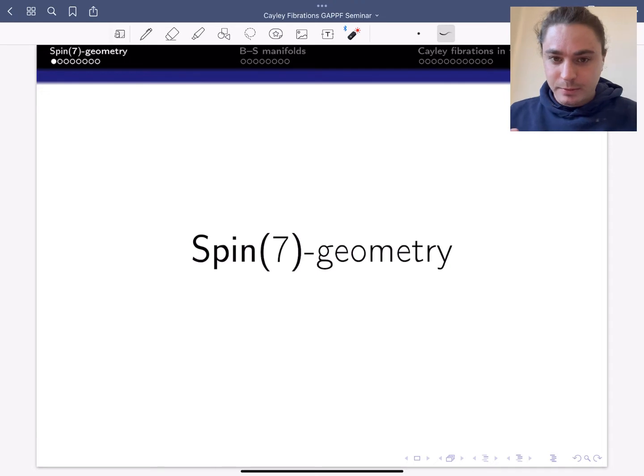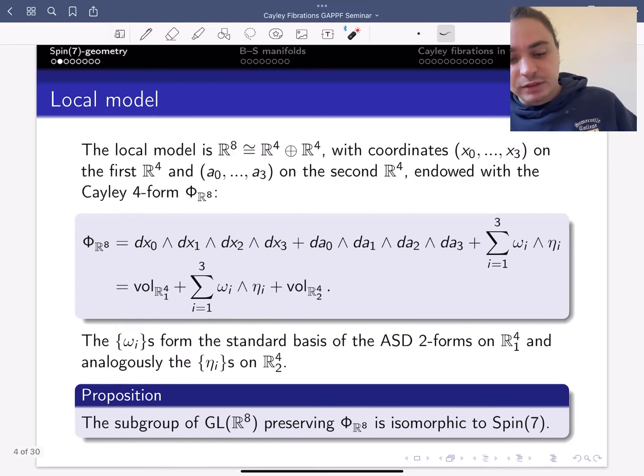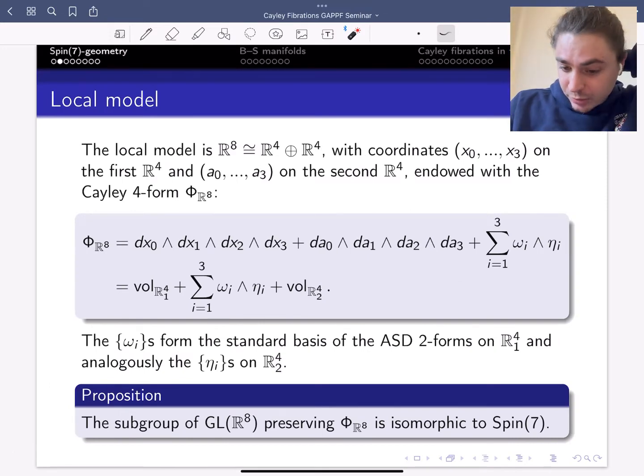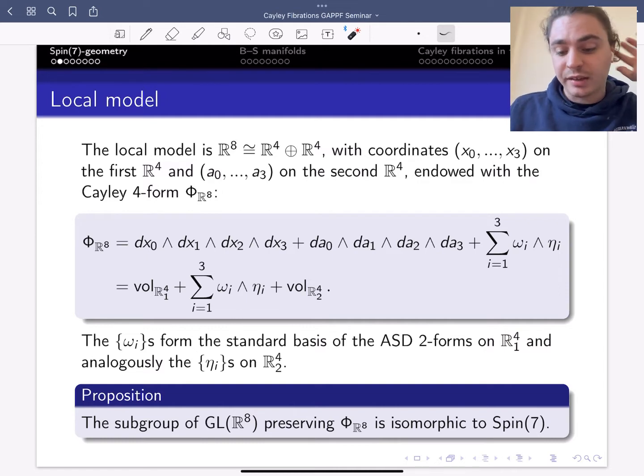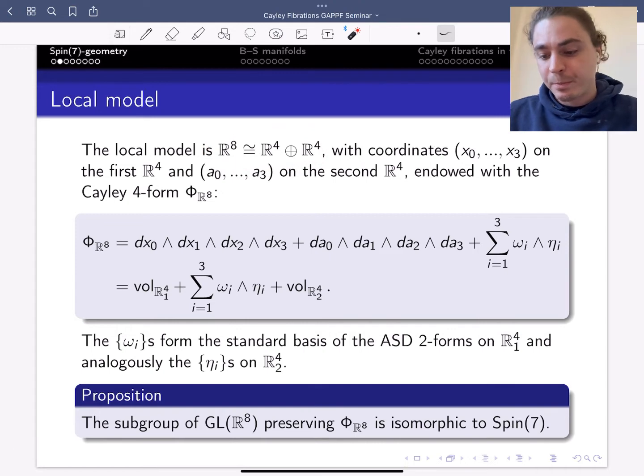Okay, so here we are at the first part, spin 7 geometry. The local model that I would like you to keep in mind is R8, seen as 2 copies of R4, and I put the standard coordinates x0, ..., x3 on the first R4 and a0, ..., a3 on the second R4.